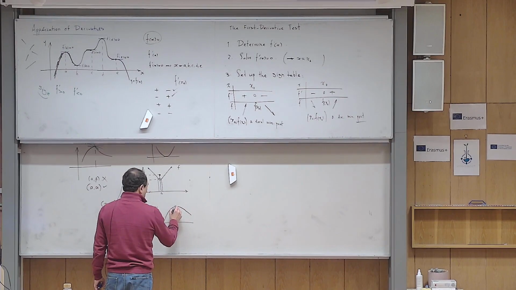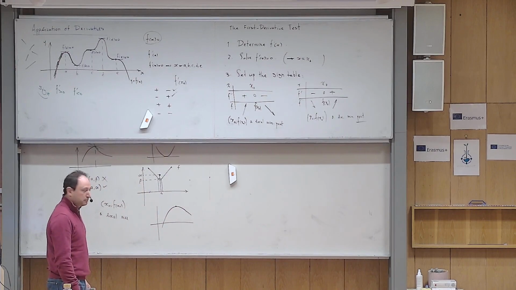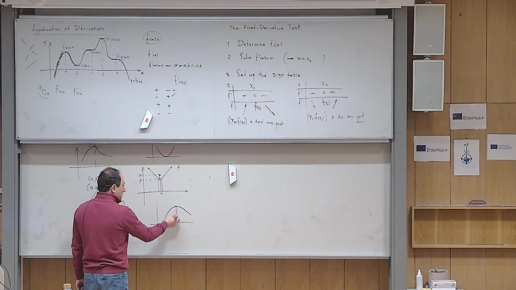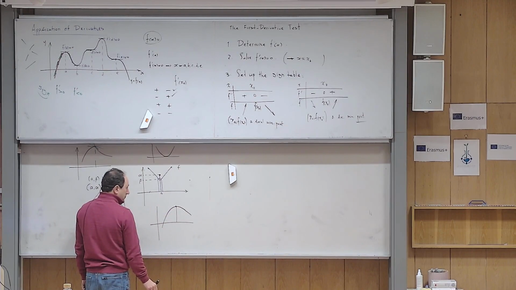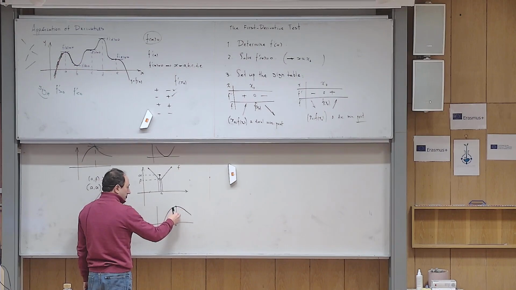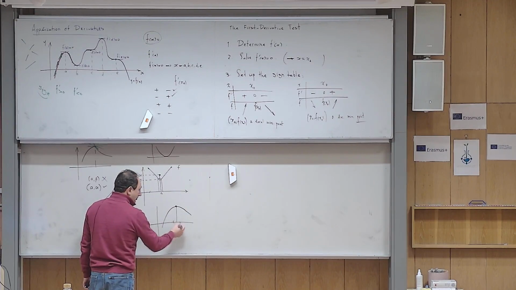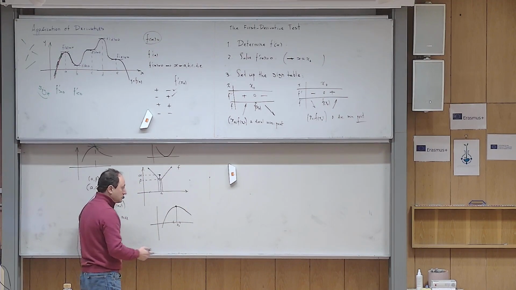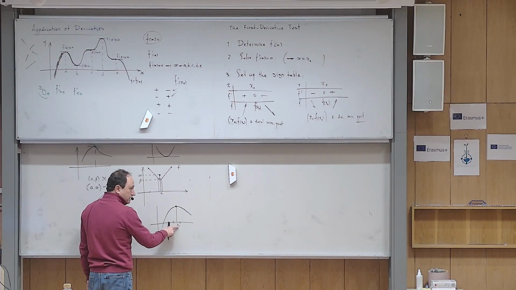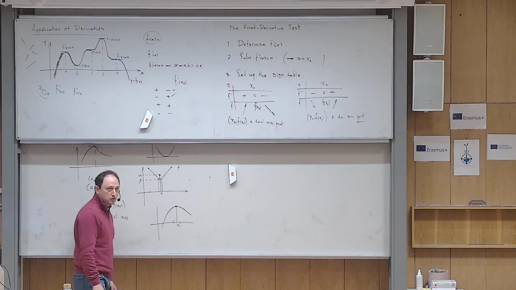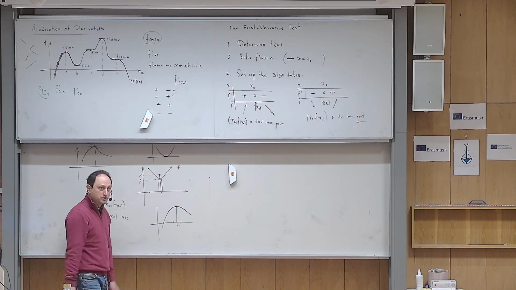So when I say this point is a local maximum, it means the height of this point is higher than the points in the vicinity of that. But if I want to make it more clear, I would say that this point is a local maximum if there is an interval around x naught so that f of x naught is more than f of all other x's within that interval, no matter how short the interval is.